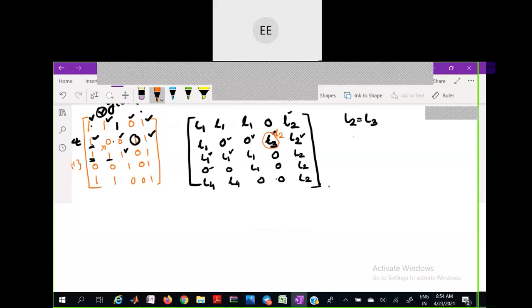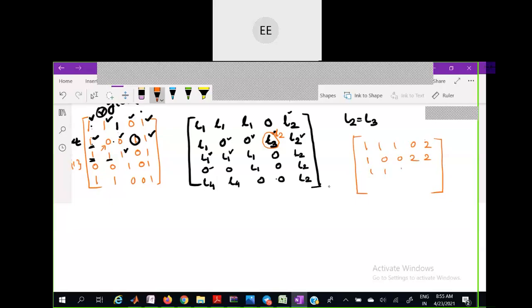Now if I show it in terms of numbers 1, 2, 3, just to avoid L1, L2 and all. This is label 1. These are zeros, of course. This is 0. This is label 2. Label 2. This is label 2.